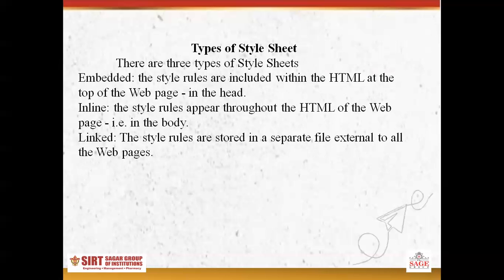Next is the inline style sheet. In this, style rules appear throughout the HTML of the web page, that is, in the body. Third is the linked style sheet. In this type, style rules are stored in a separate file, or we can say external web pages.